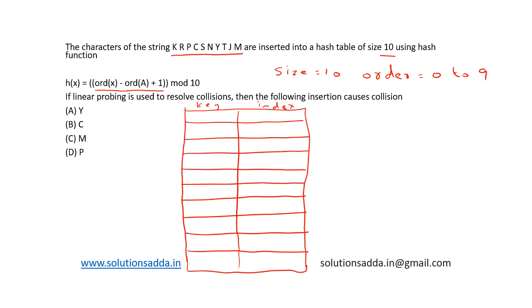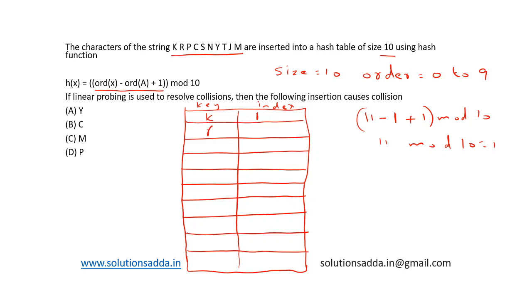First we have K. The key is K. The order of K is the position of K in the alphabetic order, that is 11. So (11 minus order of A, which is 1, plus 1) mod 10. We have 11 mod 10, which is equal to 1.